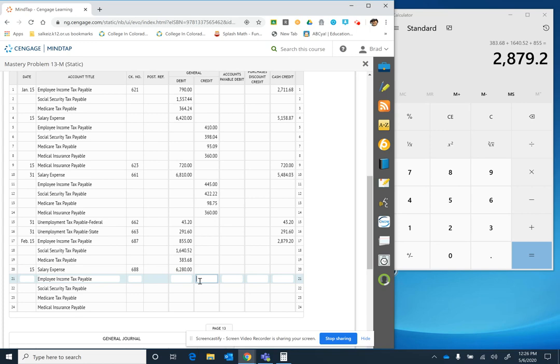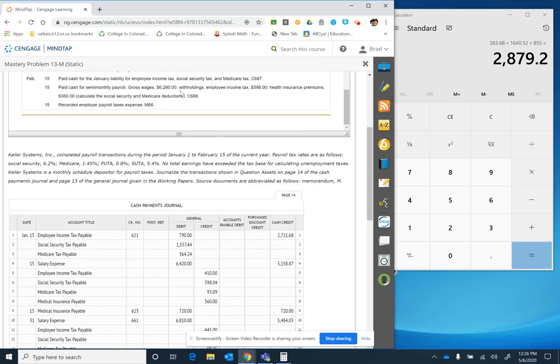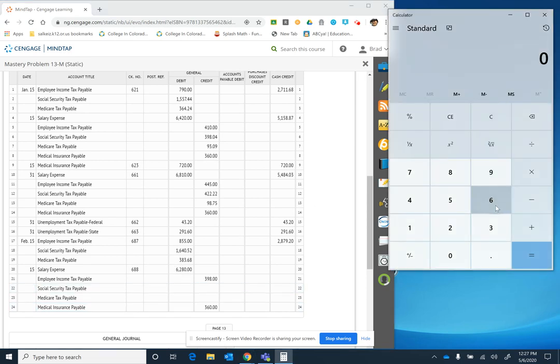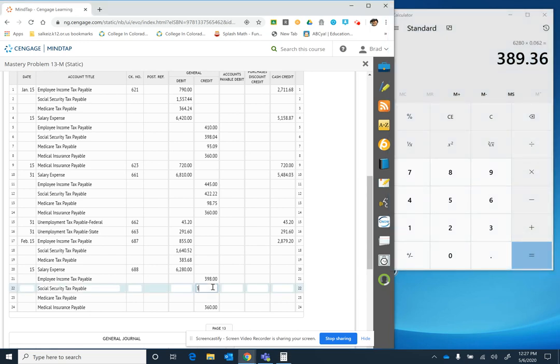Okay. Now what our withholding is going to be for our employee income tax payable. This is going to be 398, and our health insurance premiums are still 360. So 398, 360, and now we just need to figure out our Social Security and our Medicare. So we'll take our salary expense, our gross pay, 6,280 times our Social Security rate, which is 0.062, and that comes out to be $389.36.